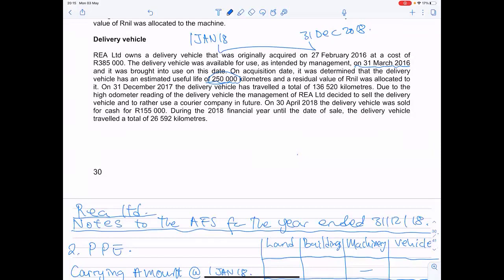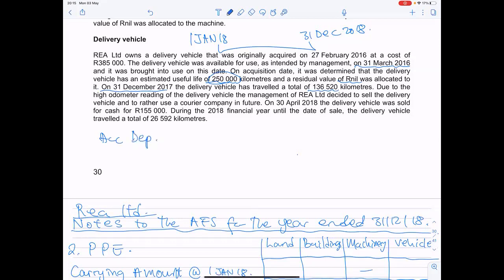And the residual value of 0 was allocated to it on 1 December 2017, which is the end of the previous year, which will be the beginning of the opening balance of the 2018 financial year. The vehicle had traveled 136,520 kilometers. So we are going to calculate the accumulated depreciation at the beginning of the year.